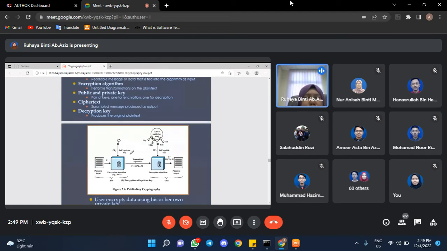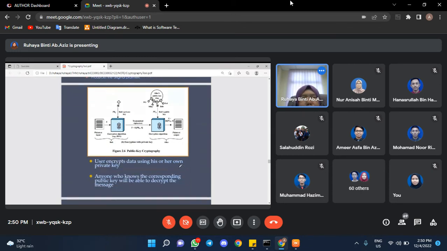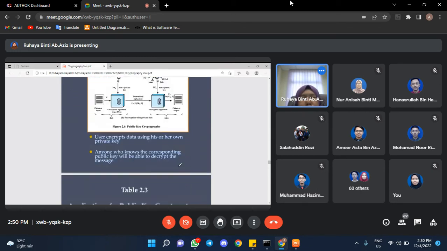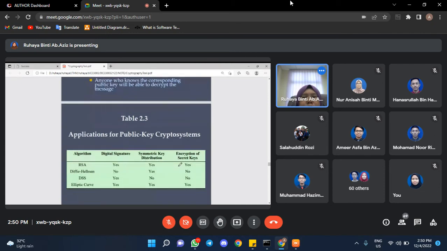Tapi yang ni pula, Bob encrypt and send using dia punya private key, but then untuk buka dia just guna public key saja. Kat situ. Okay.